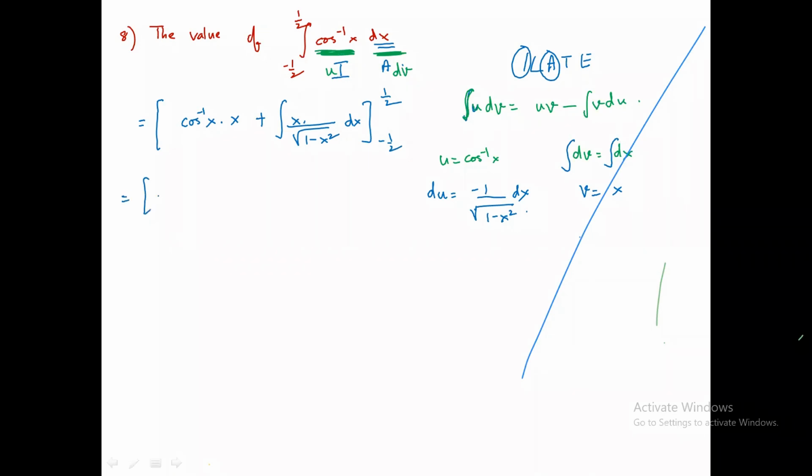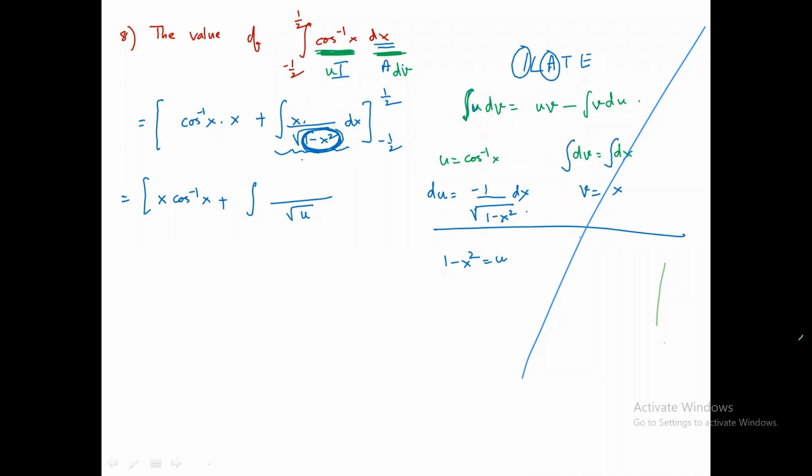Okay, first term, x cos inverse x is fine. But I have to find the second integral. For that, I will use u substitution. 1 minus x square I will take as u. Whatever is under the square root, that entire thing I will take as u. So I can write integral in the denominator root u.